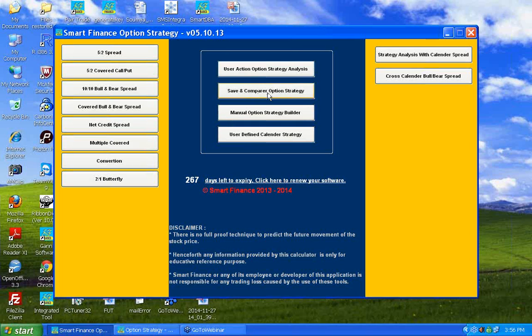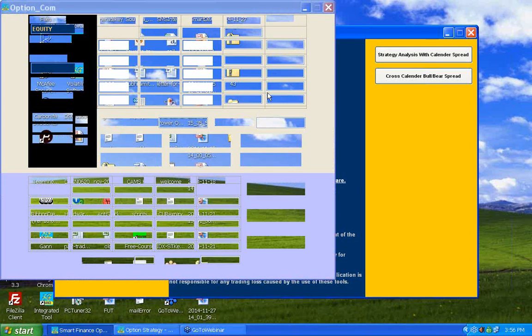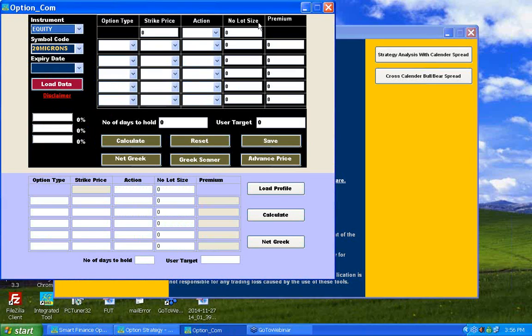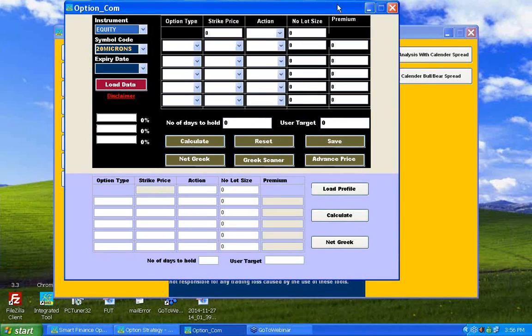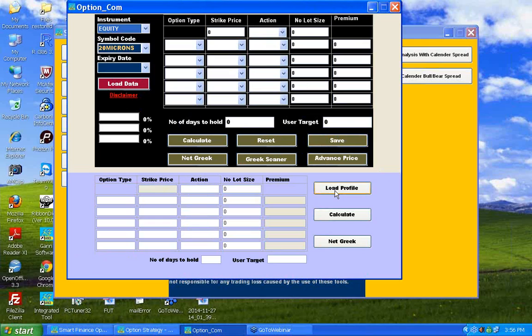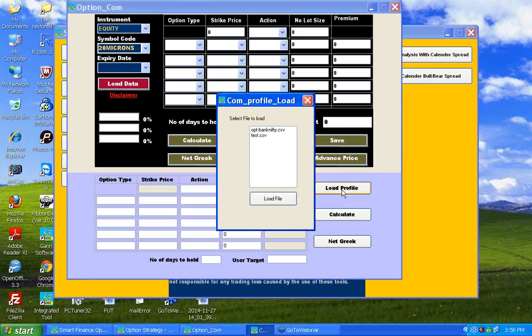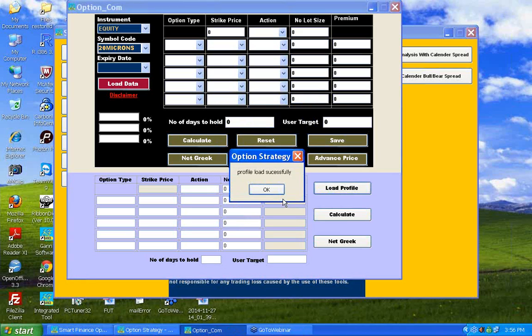Sometimes you may require to save and compare an option strategy. Imagine sometime you have formed a specific strategy that has particular Greeks and other things, and after 4 or 5 days you wish to know what the Greeks are now, how I can go for a re-evaluation. Suppose I have formed one Bank Nifty strategy.